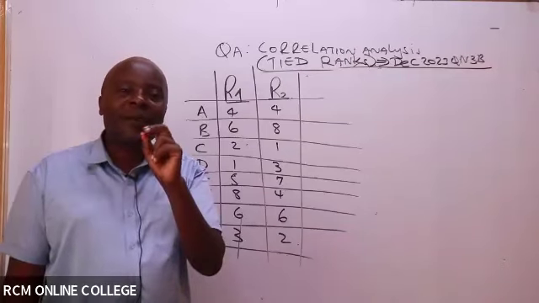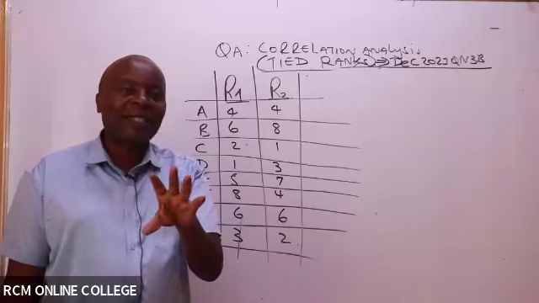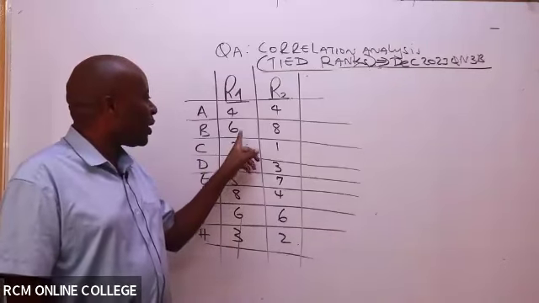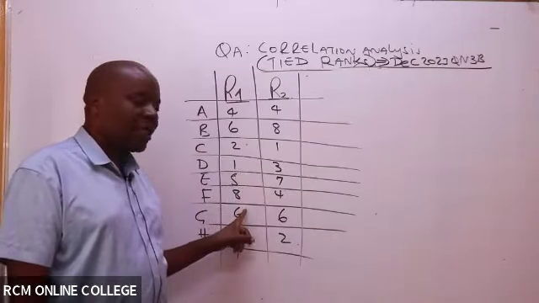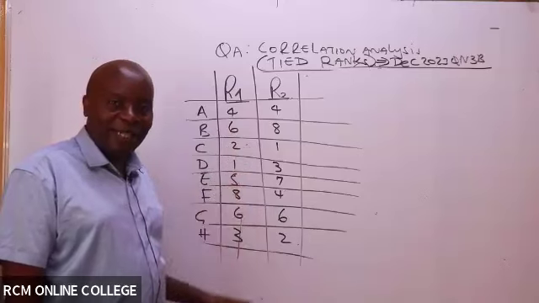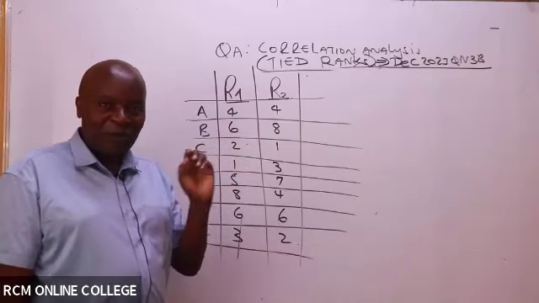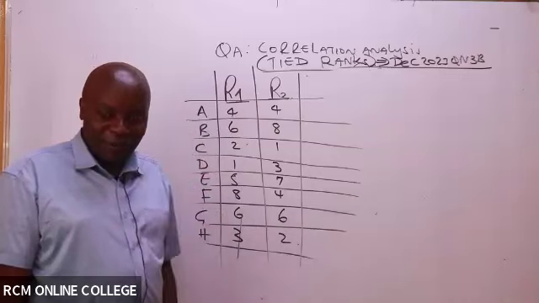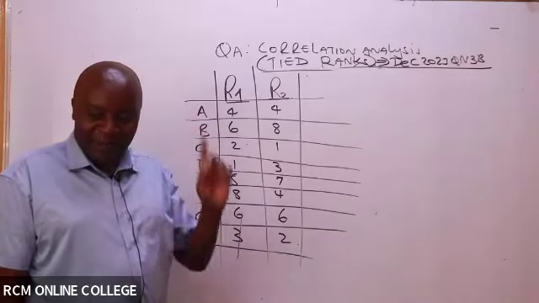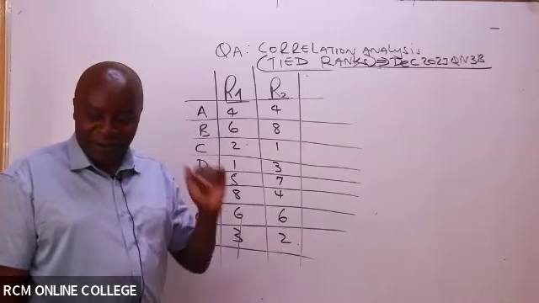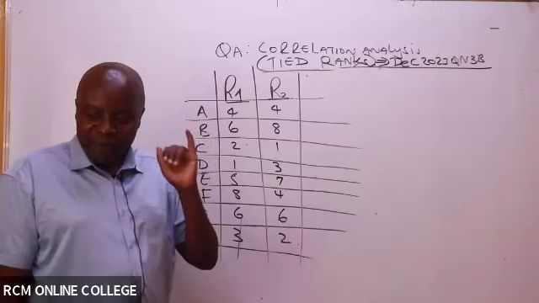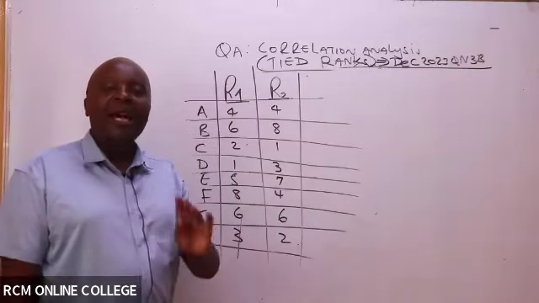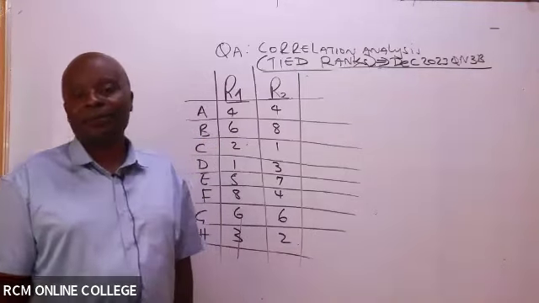Because of this shared rank, 6, which rank is missing from the whole distribution? Number 7 is missing, yes.